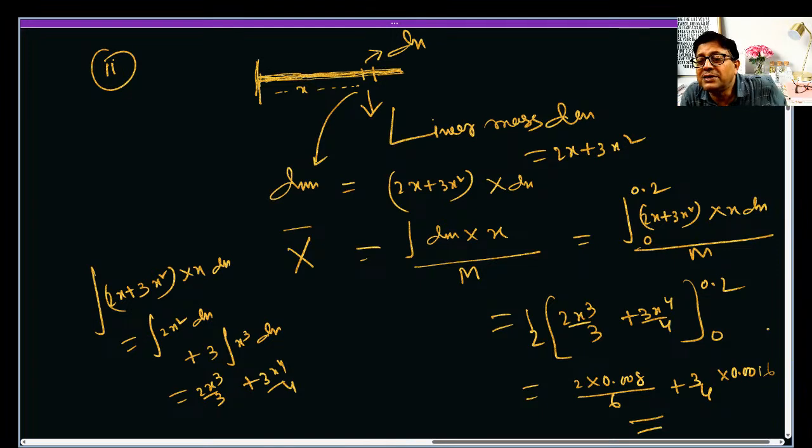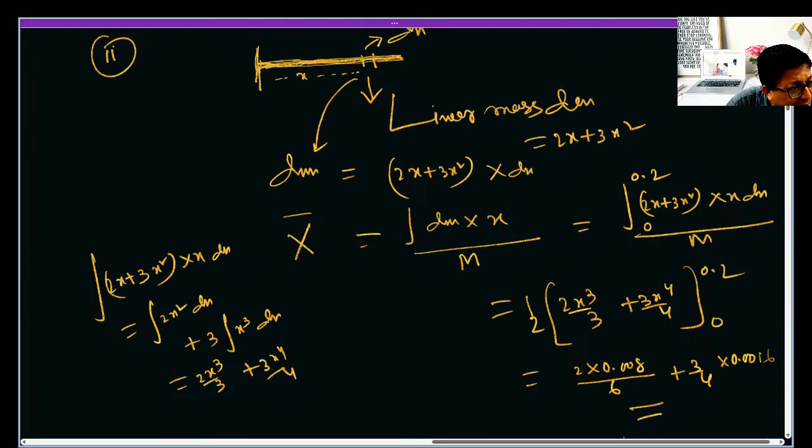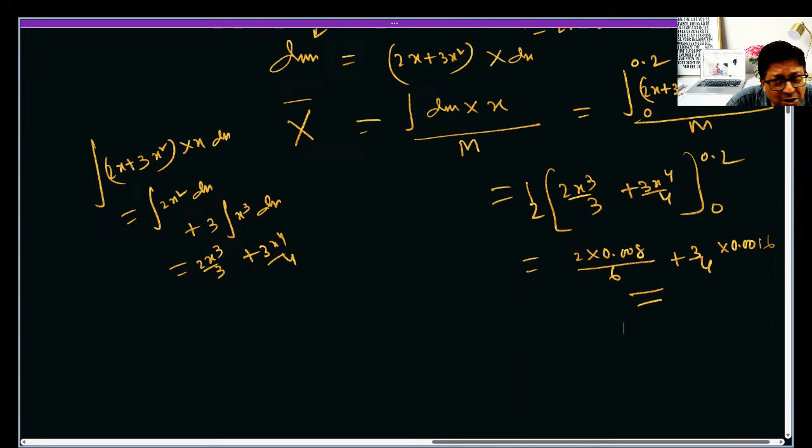Now the question is, these two questions I think all of you have done at school level only. But for a ring, how to find? Is a ring a two-dimensional or one-dimensional object? The third question was on a ring.